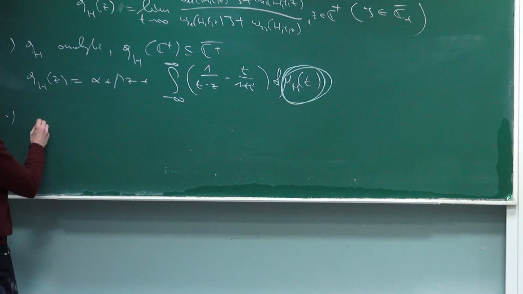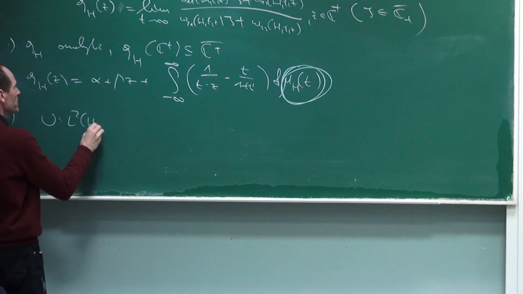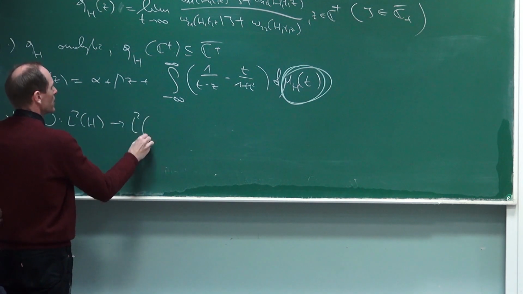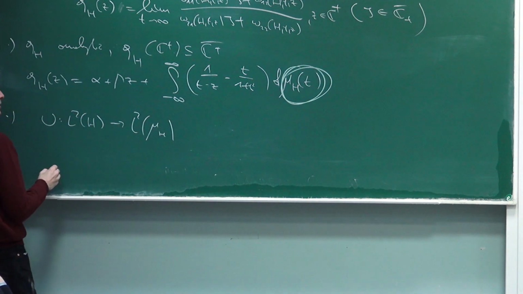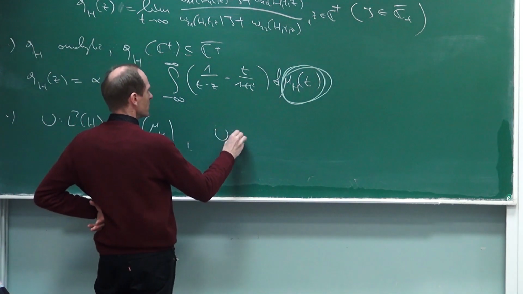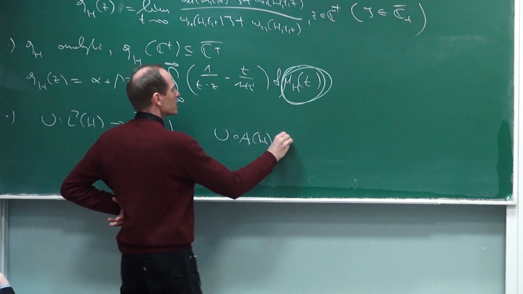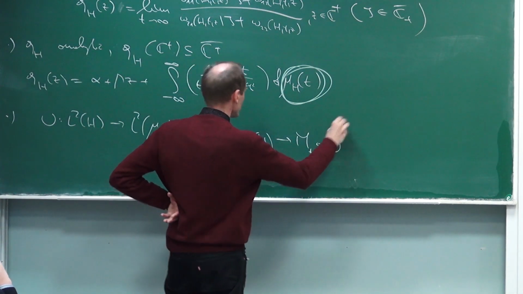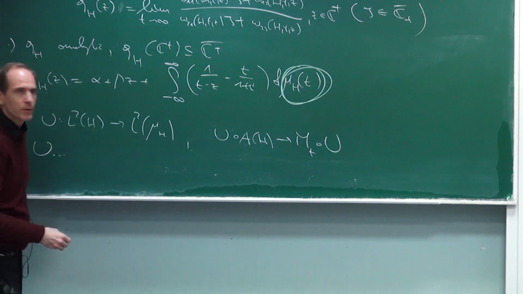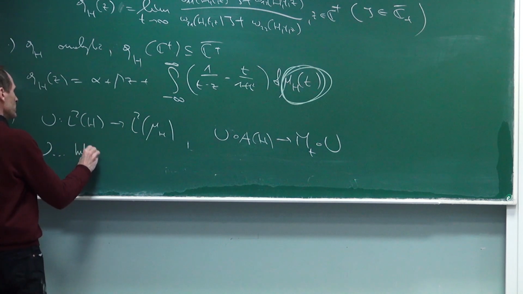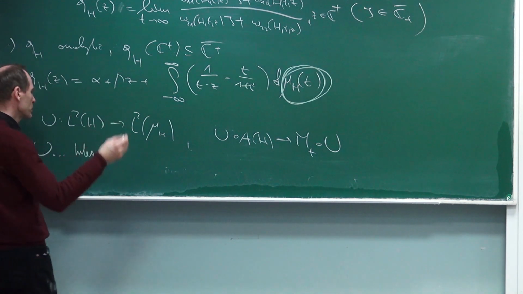And so we have a unitary operator U from our model space into the space of this particular measure, which maps our differential operator to multiplication. And that unitary operator is an integral operator which you can write down explicitly.